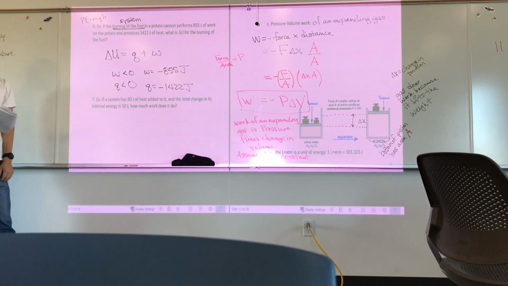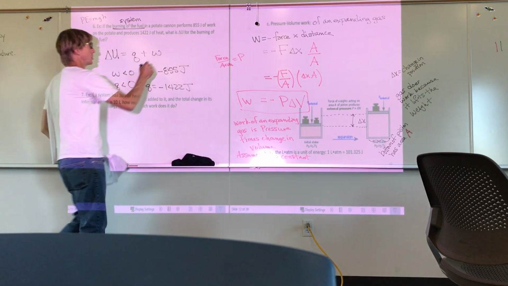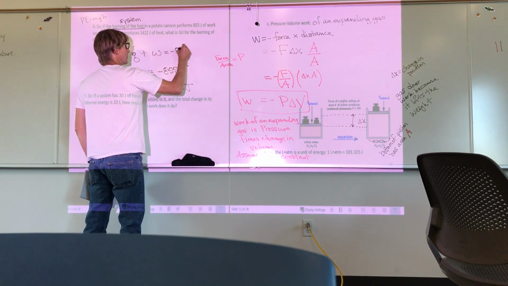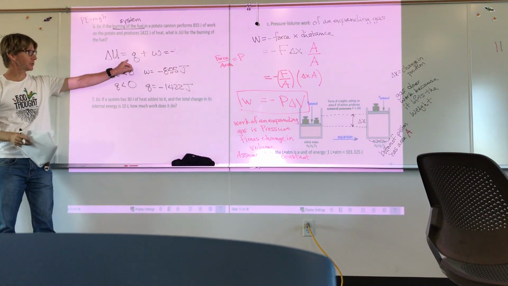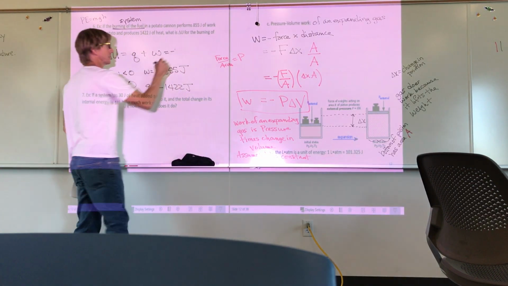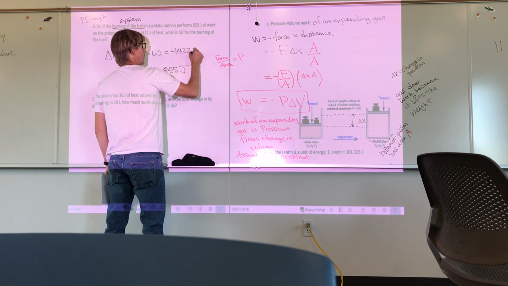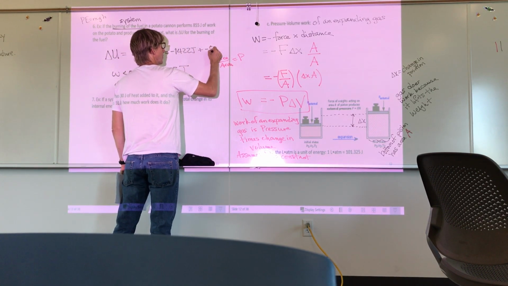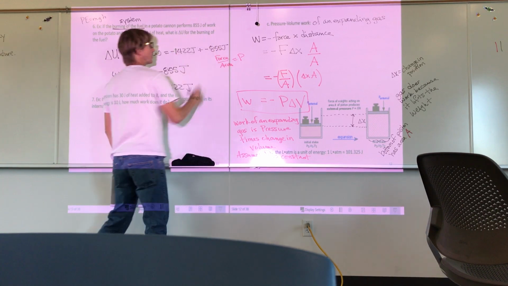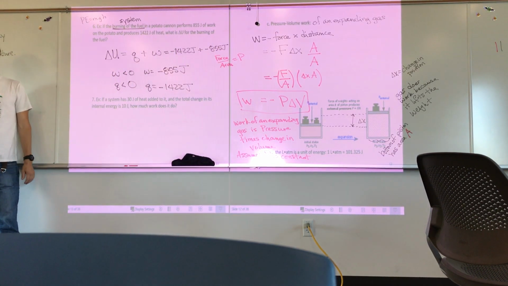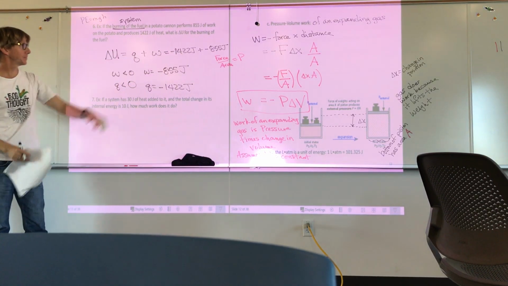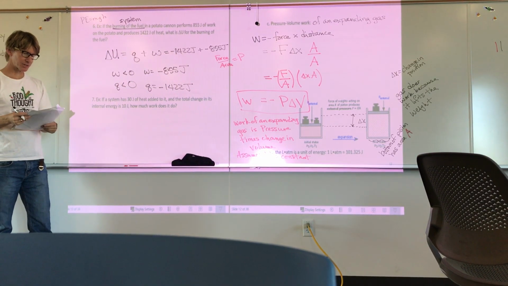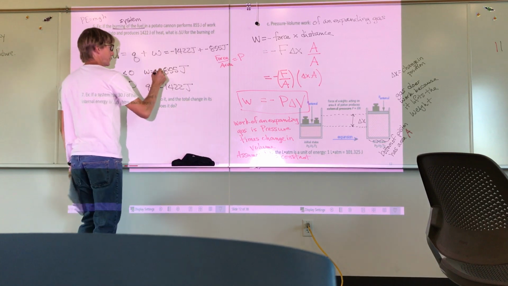Question, what is delta U for the burning of the fuel? I'll list my Q first. It should be minus 1422, plus a negative 855. I'm keeping my plus to keep the plus there. And I get minus 2277.